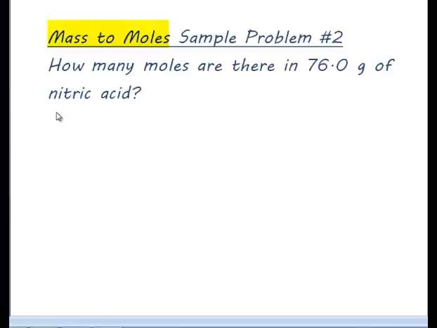What makes this slightly more challenging is the fact that I'm going to require you to write the formula for nitric acid. That's why I recommended earlier that you have both the handout of common oxidation numbers as well as the handout associated with naming acids and writing their formulas.